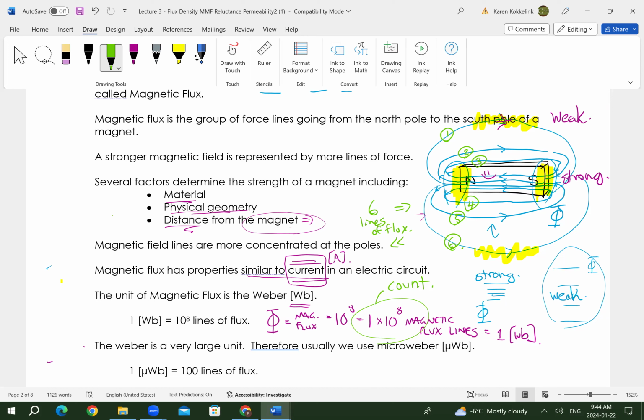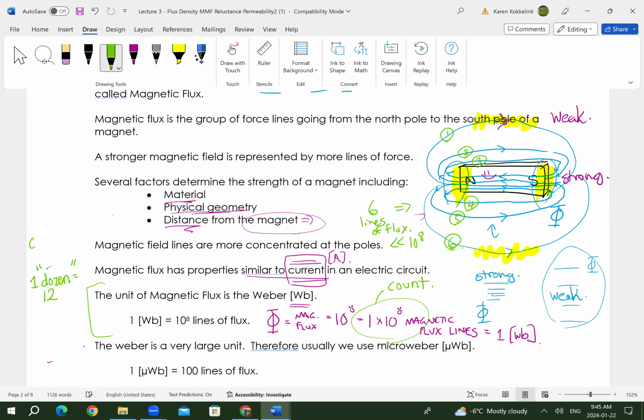So let's talk about what a count is. We have other counts. We have 1 dozen, and that's a count. You count your eggs and you count 1, 2, 3, 4, 5, 6, up to 12, and we call that a dozen.